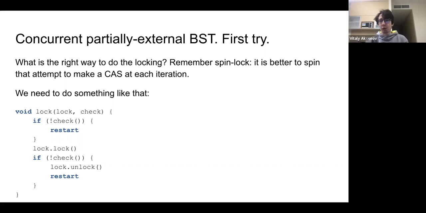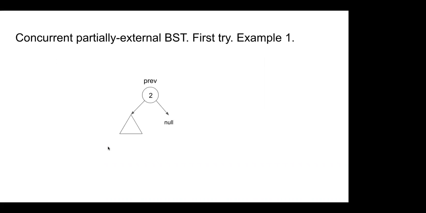So it works faster. If you want to take the lock with some check, then you check the condition. If it doesn't hold, then you restart. Otherwise, you take the lock. If the condition doesn't hold under the lock, then you unlock the node. So it works better.